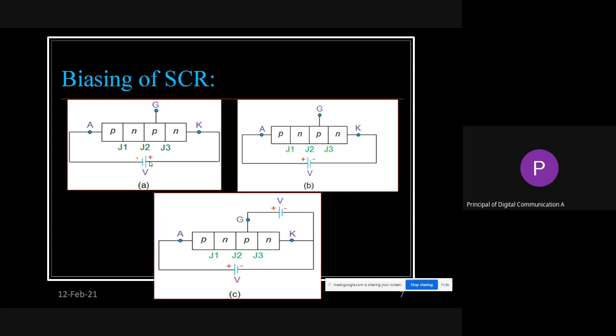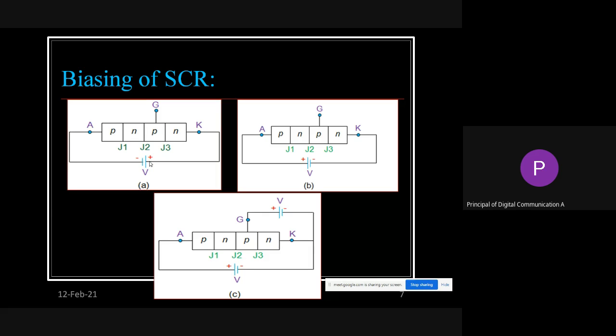The answer is no, because in this biasing, junction J1 and junction J3 are both in reverse bias, and due to that there is no possibility of flow of current. This is what reverse blocking mode is.